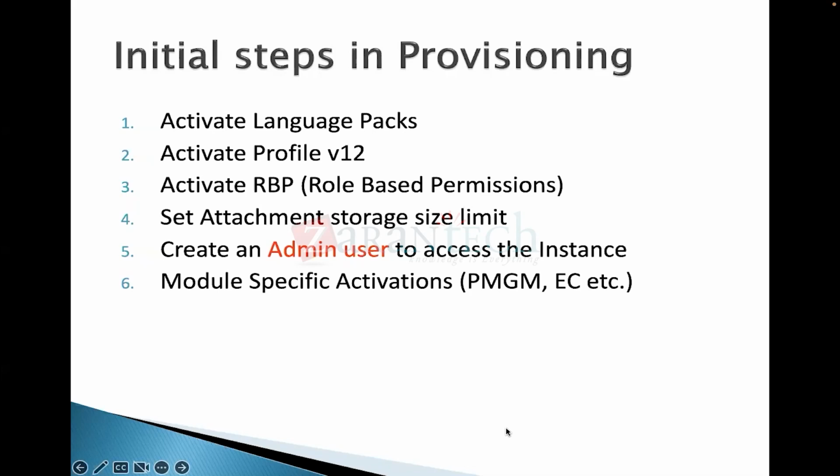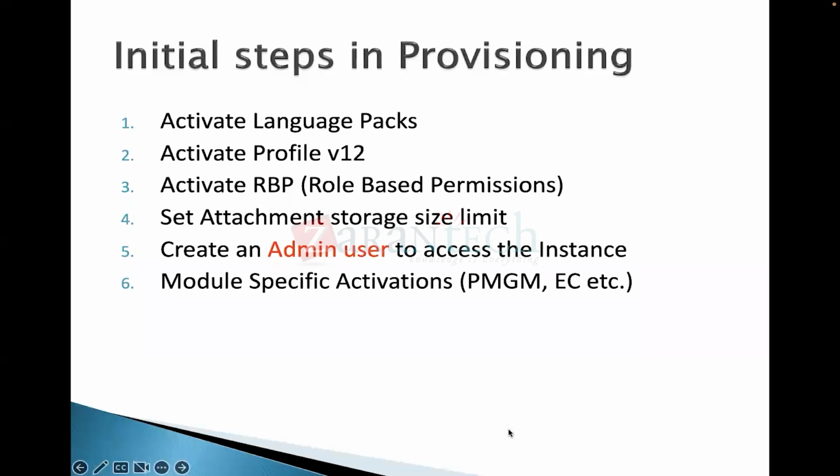Coming to these points, guys, the first one is language packs to be activated, where we have 43 languages that SAP has offered. From those 43, you can activate the languages you actually want. If a client has offices in India and the Middle East, in India they can activate English, where most companies use English as their official medium of communication.